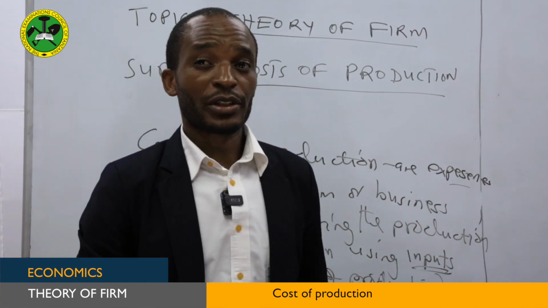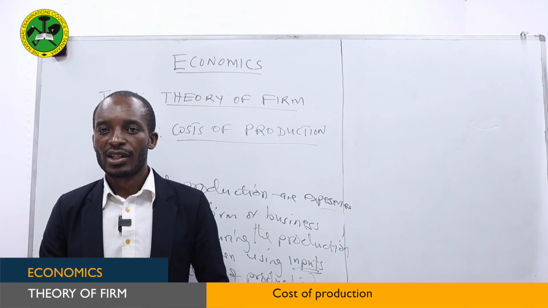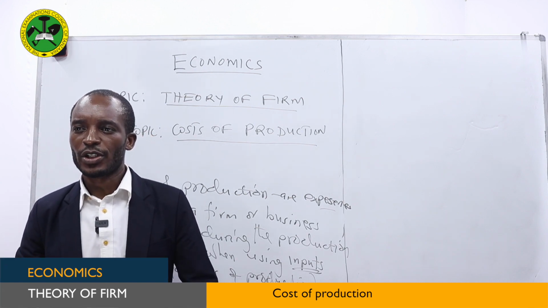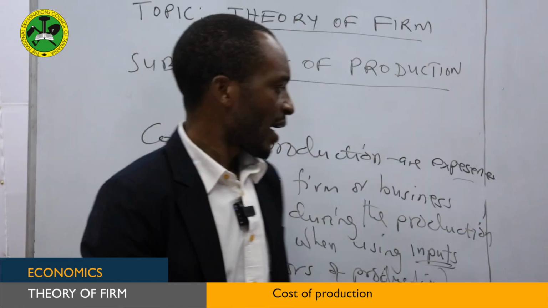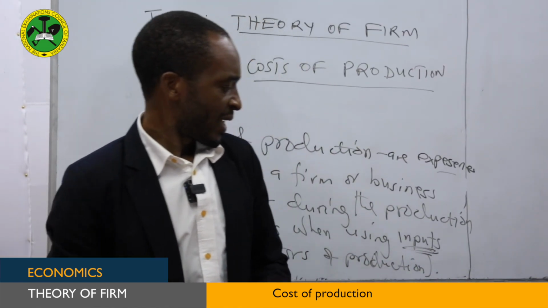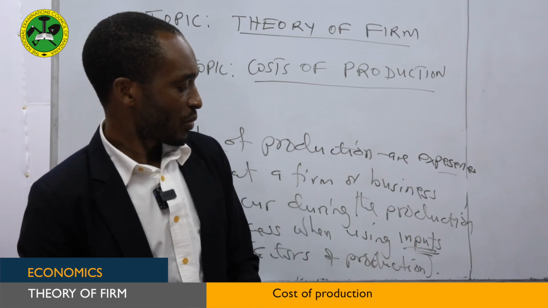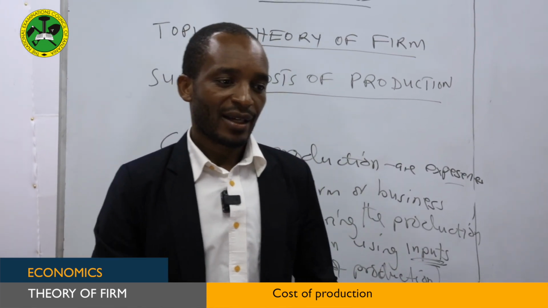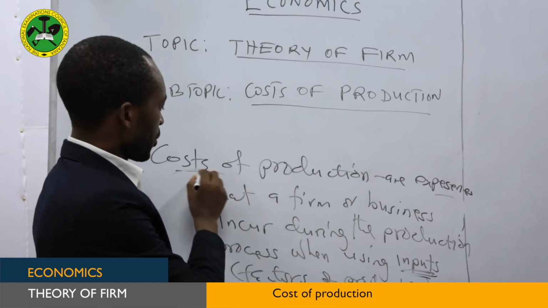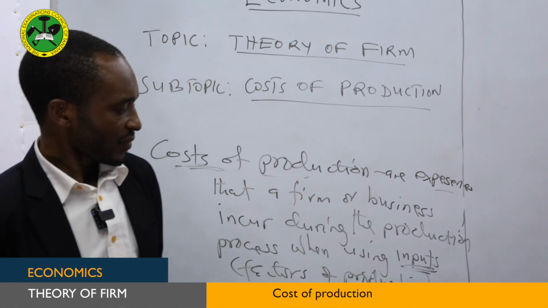The inputs we are talking about here are raw materials or any materials used to produce a commodity. For the inputs we need to use in the production process, we must pay a certain cost. So we call it the cost of production.